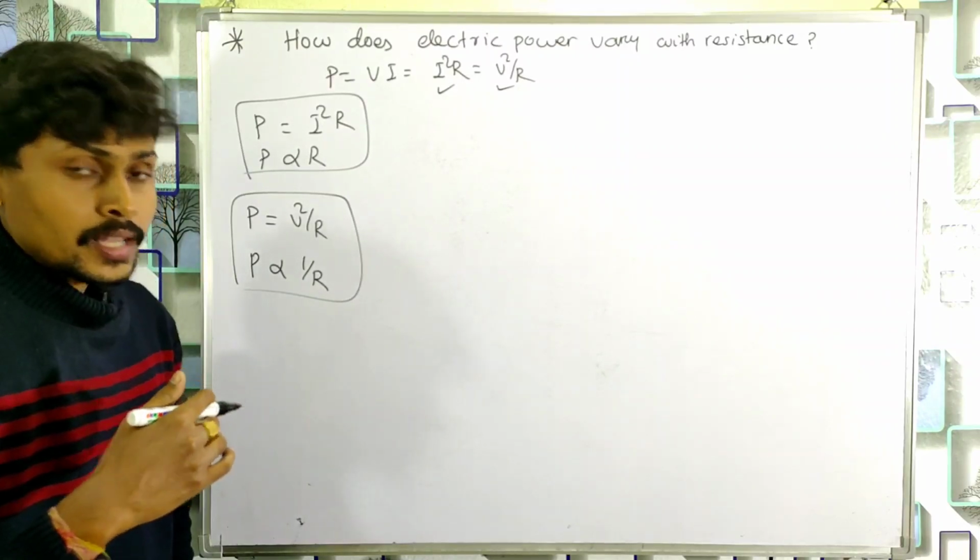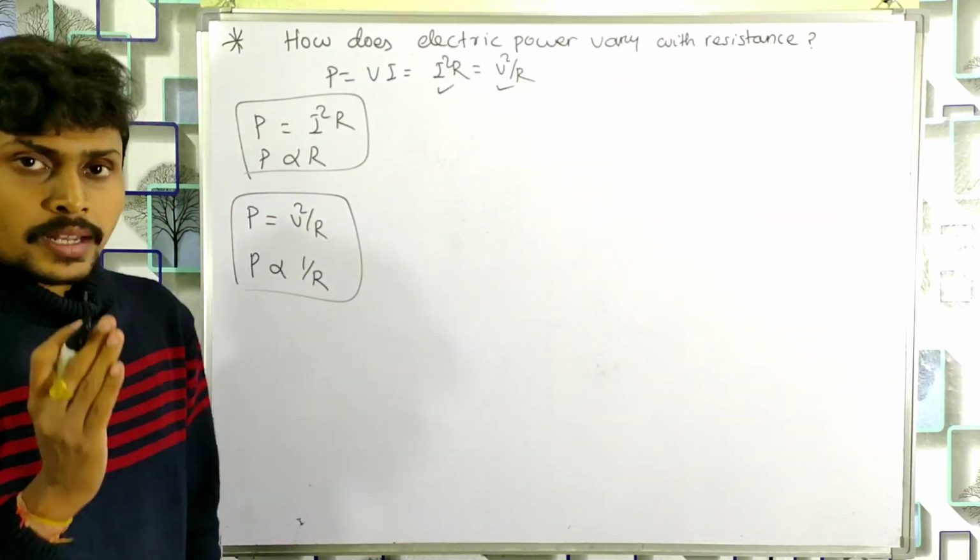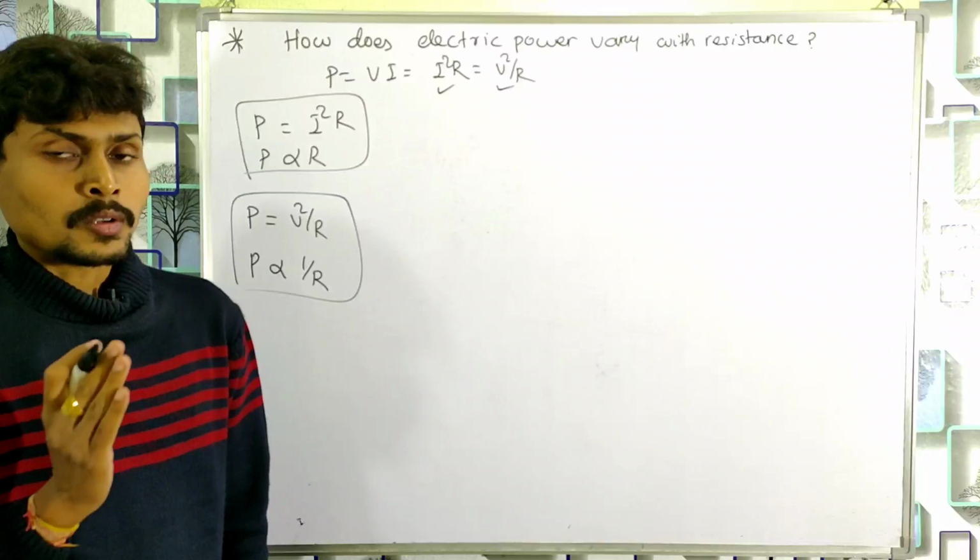आमे हमर आंसर कोन आसीबो जे पावर टा डायरेक्टली प्रोपोर्शनल ना इनवर्सली प्रोपोर्शनल टू रेजिस्टेंस.